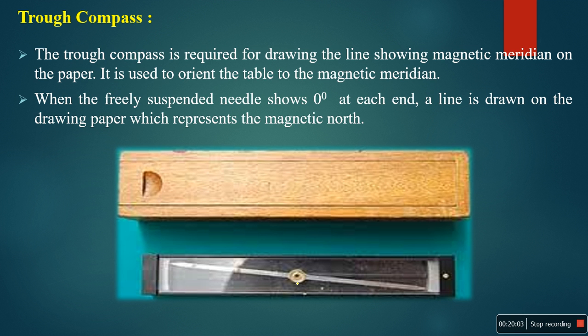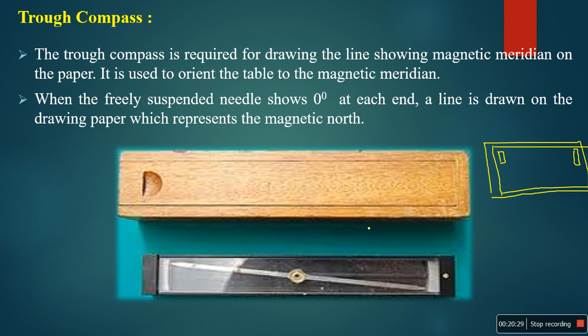For example, this is our plane table, on that you have attached the drawing sheet like this. Generally you keep this instrument on the top left corner or top right corner, maybe this side or this side.